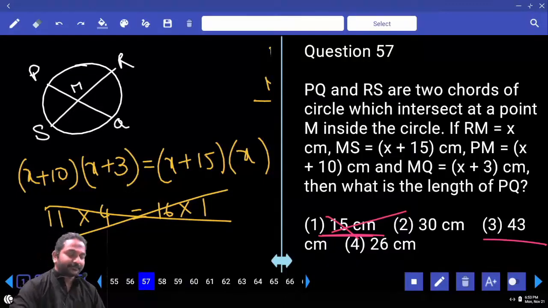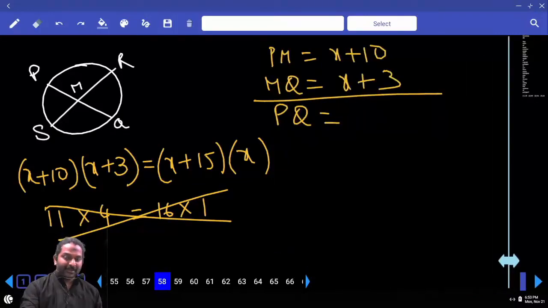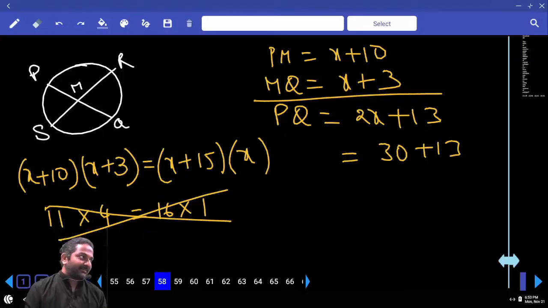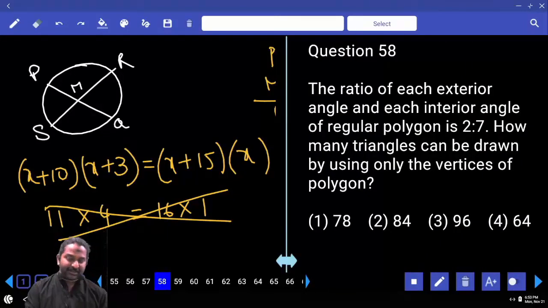Understood? If you solve it, you will get x is equal to 15. Then you have to substitute 2x plus 13. If x is 15, 30 plus 13, 43 the answer. But I don't want to waste time. With the logical solution it gets done.